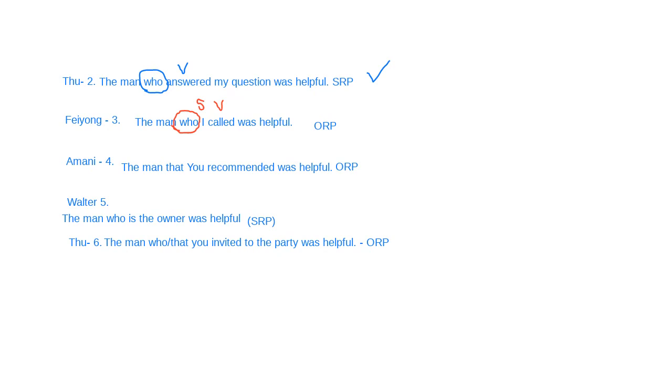Okay, and number 4, the man that you recommended was helpful. Object relative pronoun here, that's correct. And Walter, the man who is the owner was helpful. Who is the subject. How do we know? Because the next word is the verb. Subject plus verb.